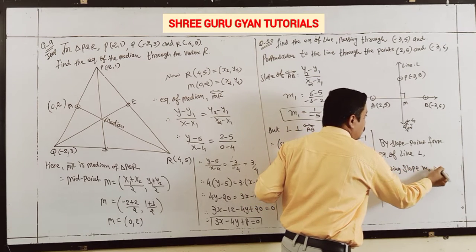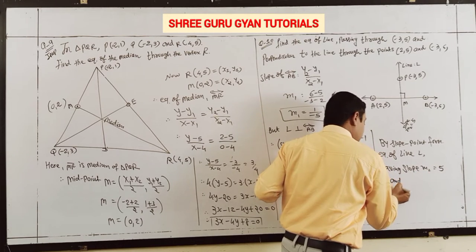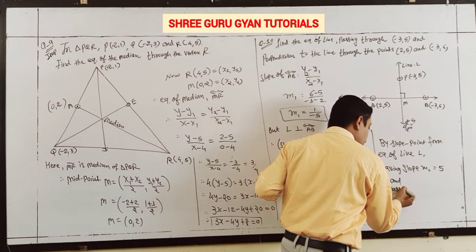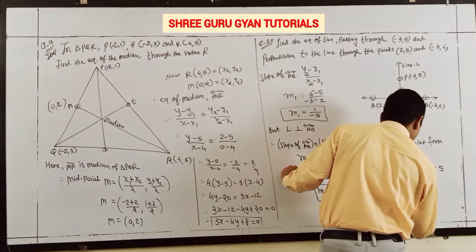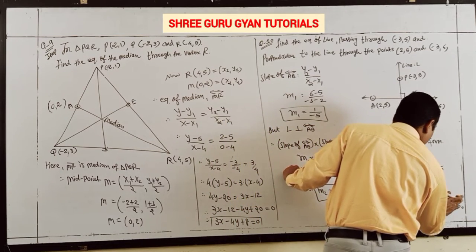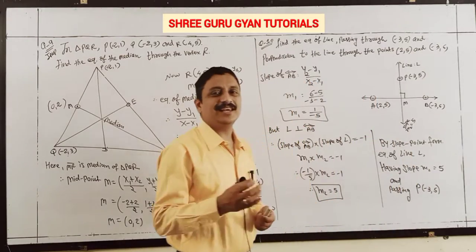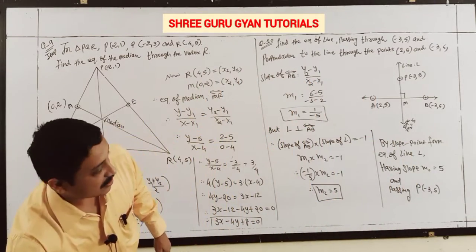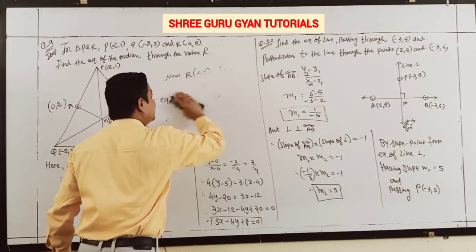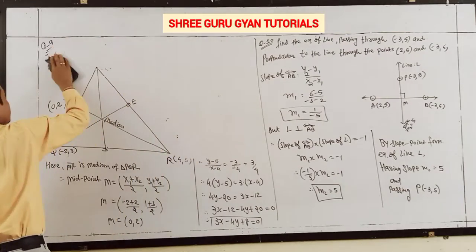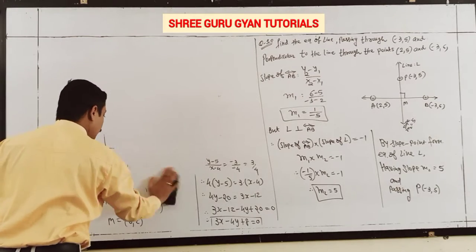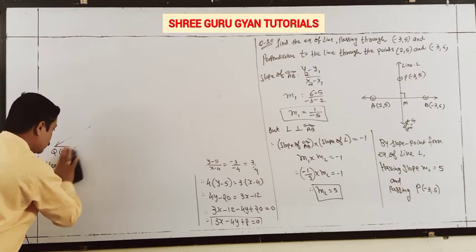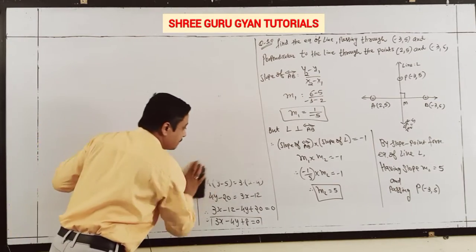That m2, 5, and passes through the known point P (-3, 5). Students, easily you go to slope-point form and derive our answer in a simple way. So our answer is ready.